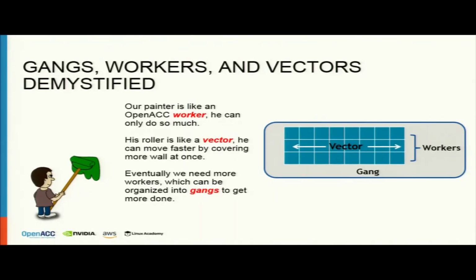So to summarize, our painter was like a worker, right? He can only do some amount of work. By having a roller, you can think of it like a vector. A vector is nothing but doing not one element but multiple elements in one shot.